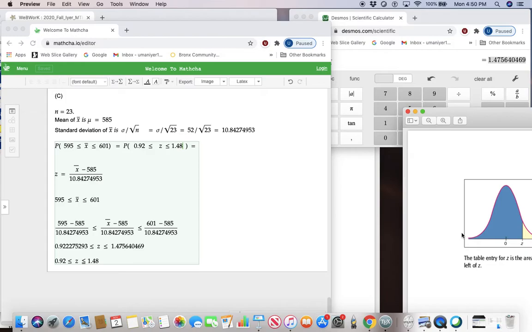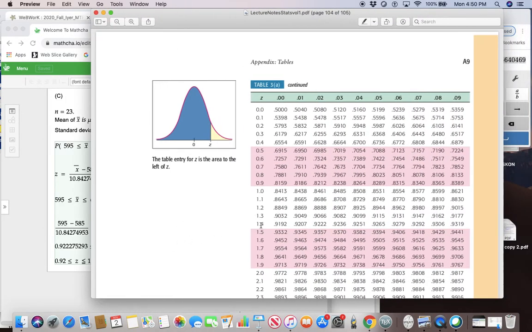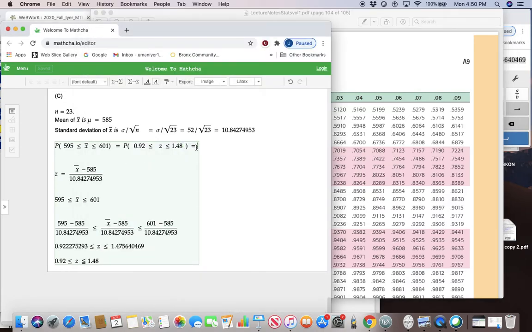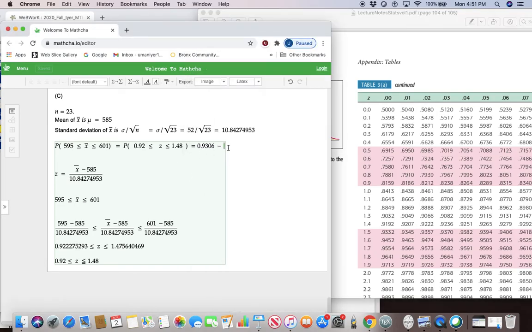How do we find the area between two numbers? Find the area for the bigger one first, 1.48. So 1.4 is here, 8 is over here. Coming down, 0.9306. That's the area for the bigger number. Now let's look up the area for the smaller number 0.92, which is 0.8212.